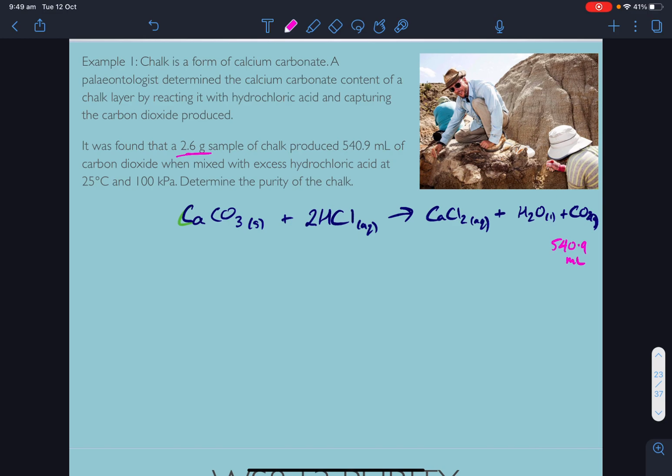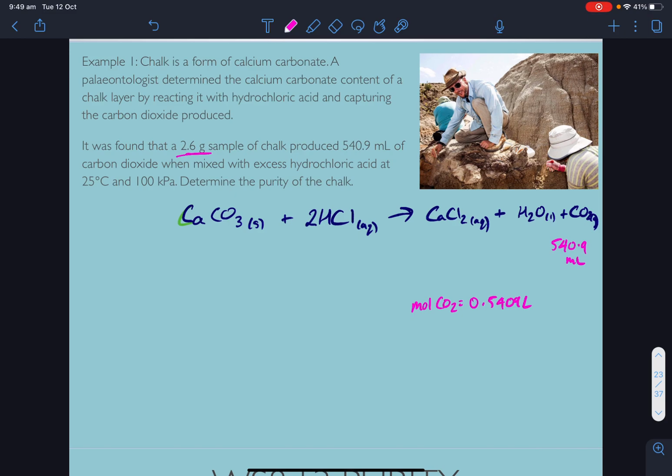So the moles of CO2 is going to equal 0.5409 litres divided by our molar volume of gas.